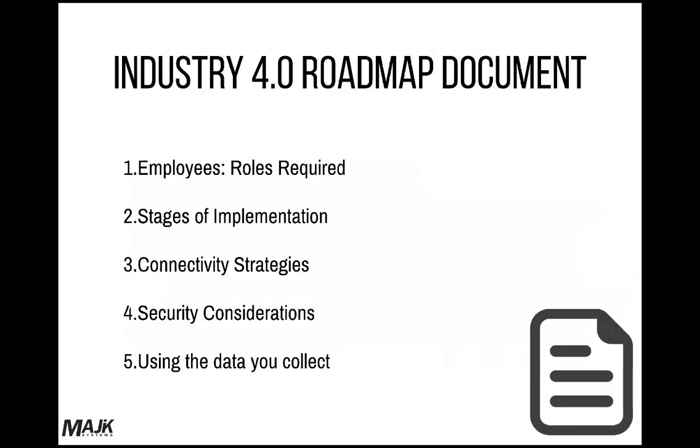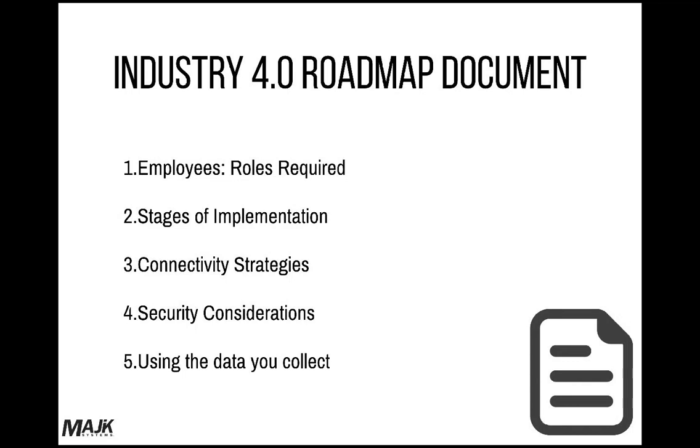So just to recap, what I'm hoping you got out of this for your Industry 4.0 roadmap document is you have an idea of the roles required for employees that you need at different stages of your implementation. And I'll leave it to you to flesh out in your organization how you would go through those different stages of implementation.